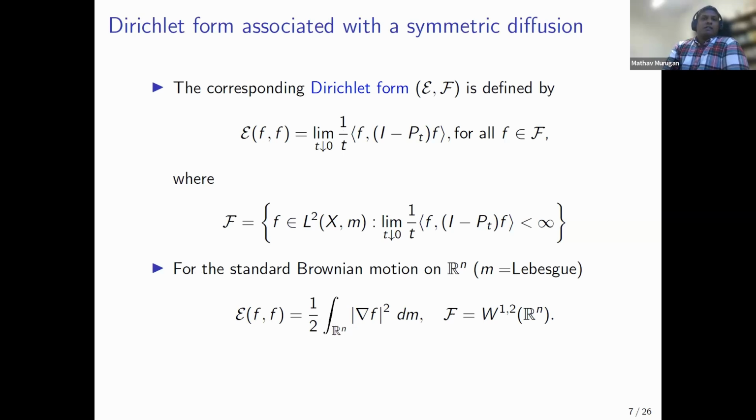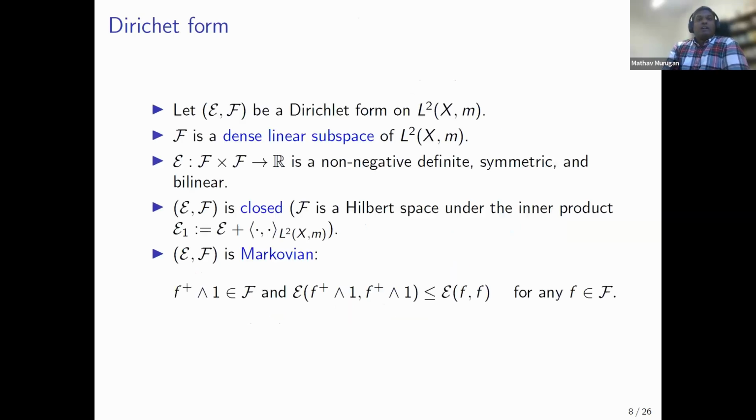Okay. So this is the definition of Dirichlet form. The basic reference is the book of Fukushima, Oshima, and Takeda, or Chen and Fukushima.